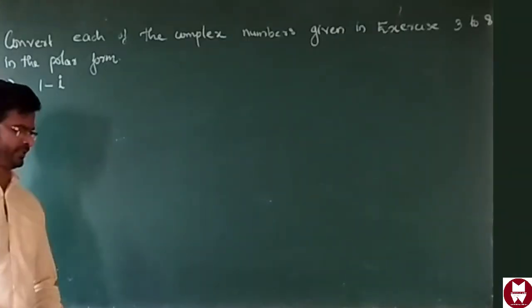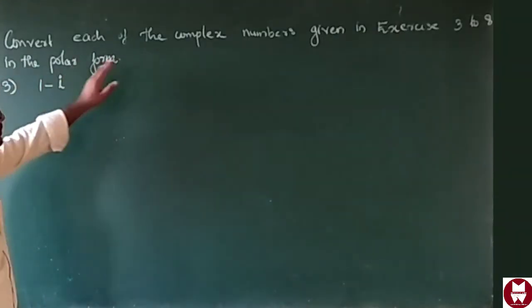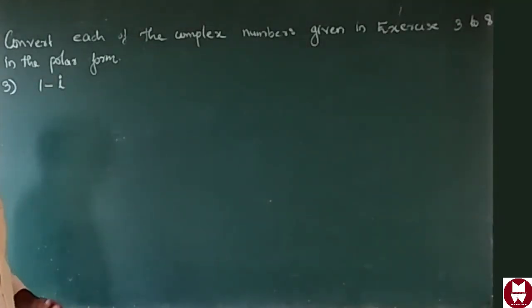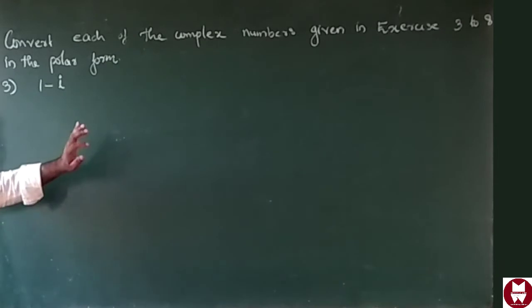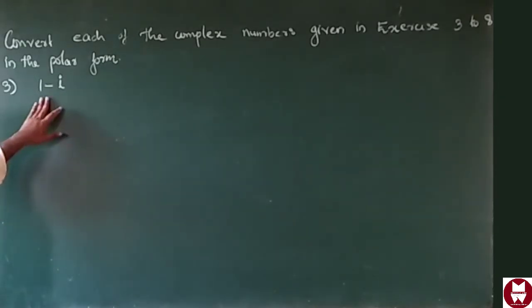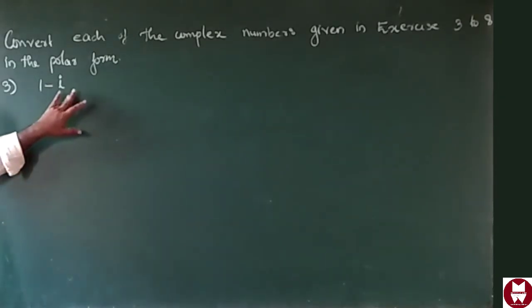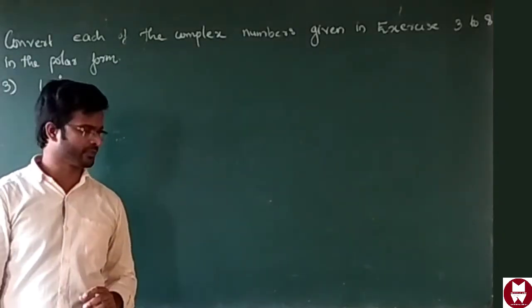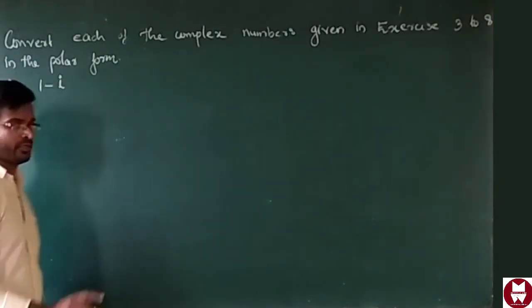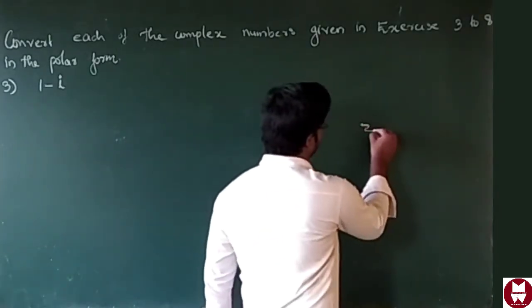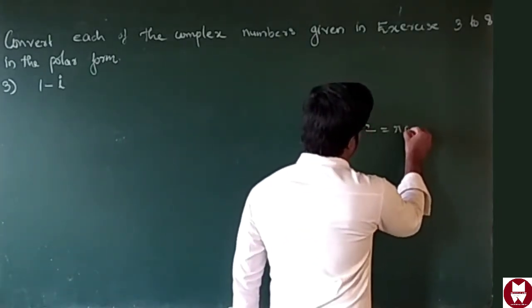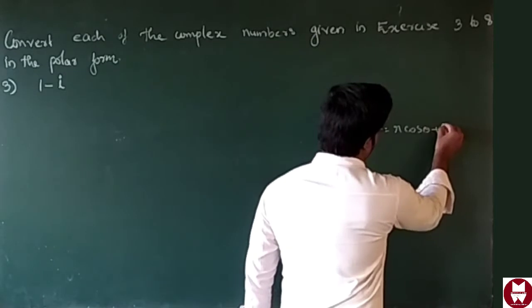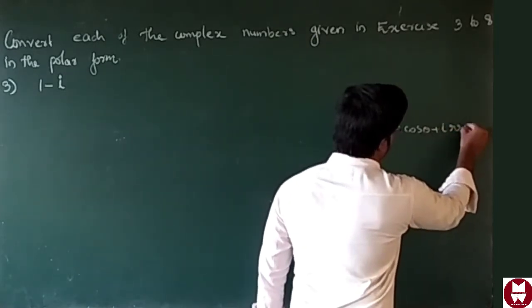Next question, question number 3. Convert each of the complex numbers given in exercises 3 to 8 into polar form. Here one complex number is given, that is 1 minus i, and we have to convert it to polar form. Polar form means z equal to r cos theta plus i r sin theta.